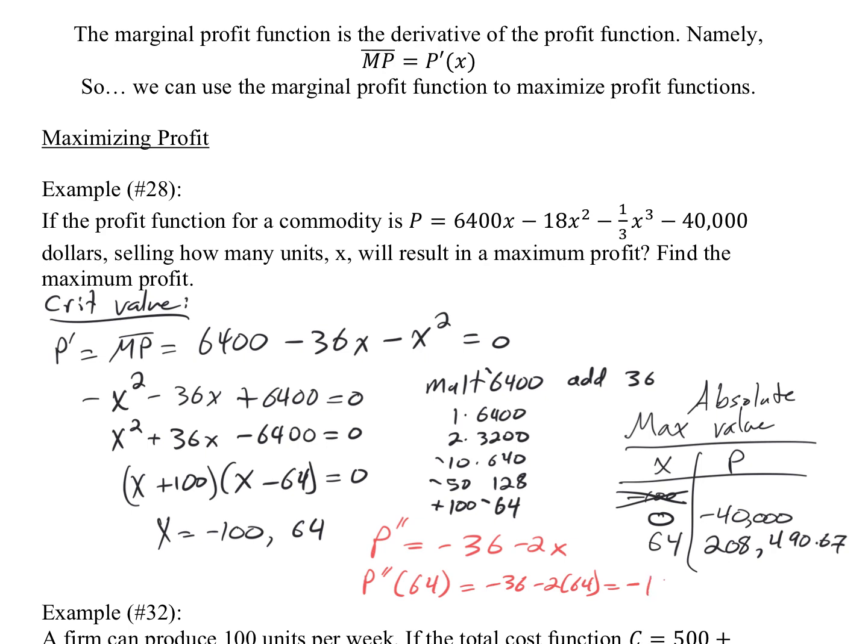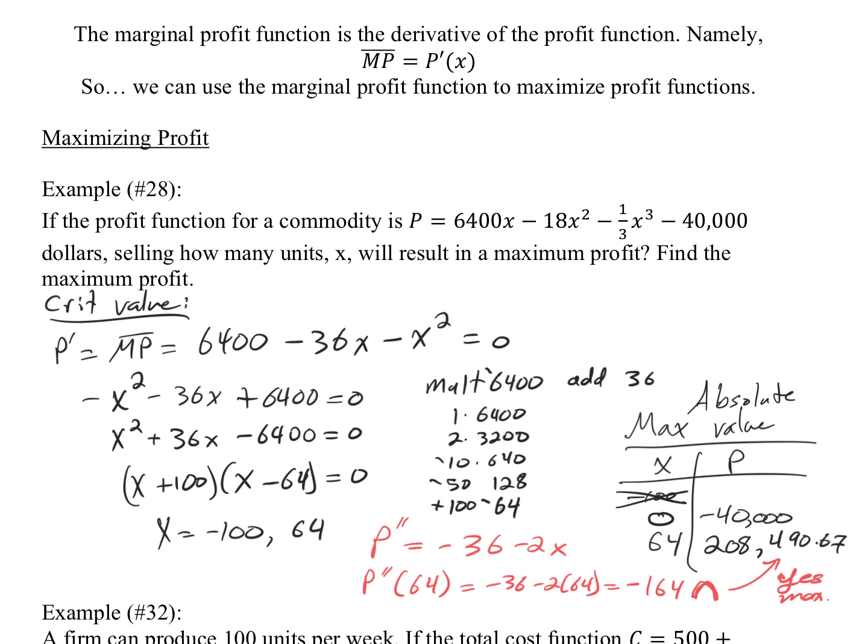If you care, the value is negative 164, but what this shows me is the function is concave down. So if you have a concave down function, we can say, yes, this is a maximum. This process might have been faster than plugging 70 into this function. But in some manner, we do have to verify, because we didn't have a final endpoint, that the number we are going to say is a maximum actually is a maximum.